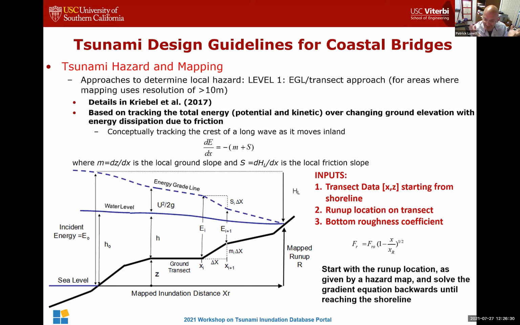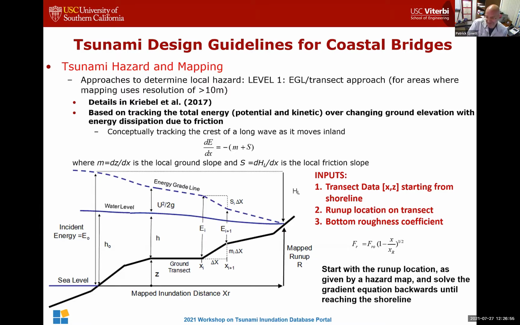Conceptually, it tracks the total energy over changing ground elevation with energy dissipation due to friction. It's a simple conservation statement which says that the change in energy in space is driven by the slope of the ground and a friction slope. And that's really what it is. It's fundamentally quite simple.